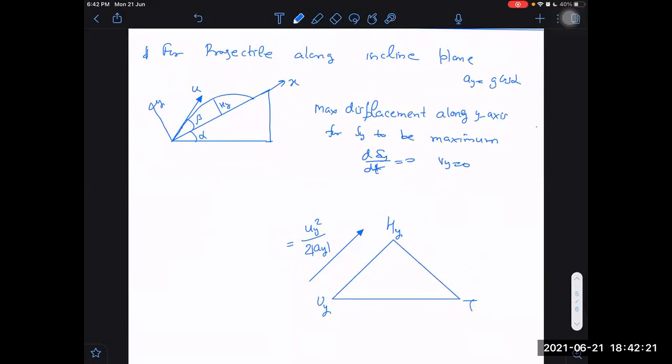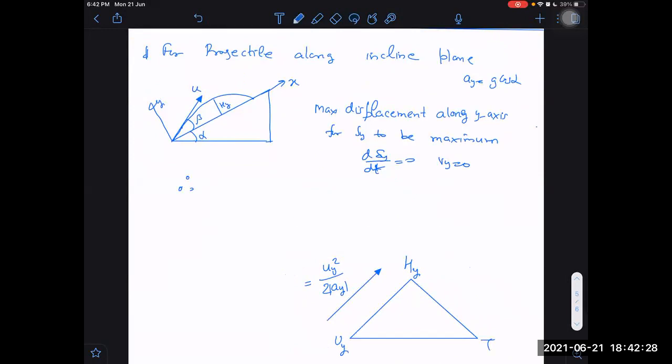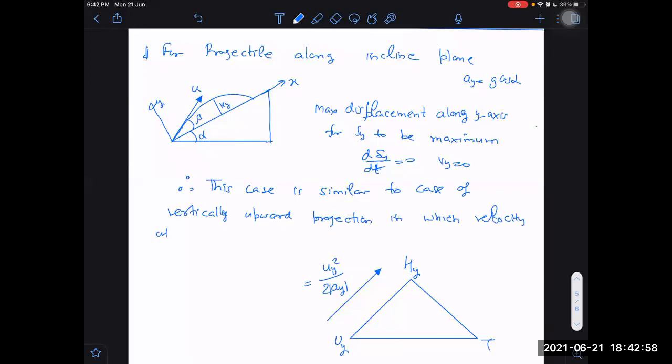But similar to the case of vertically upward projection, in which velocity at the highest point used to be 0.